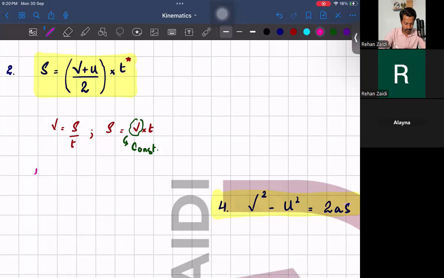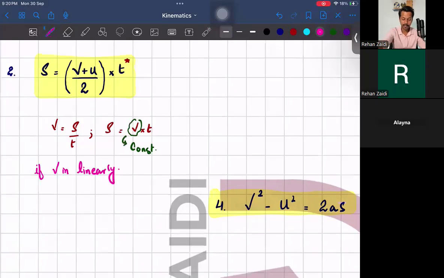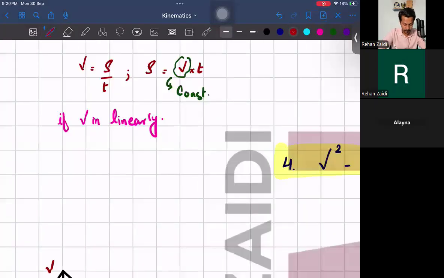If v increases linearly, अगर वेलोसिटी लीनियरली इंक्रीज हो रही है तो फिर हम एवरेज वैल्यू कंसिडर करेंगे। एवरेज वैल्यू क्या होगी? एवरेज वैल्यू हो जाएगी आपके पास (v plus u) upon 2. We just discussed this in the beginning of the class, so I can formulate this that displacement covered during the linear increase or decrease of the velocity in a certain time could be written by this one.